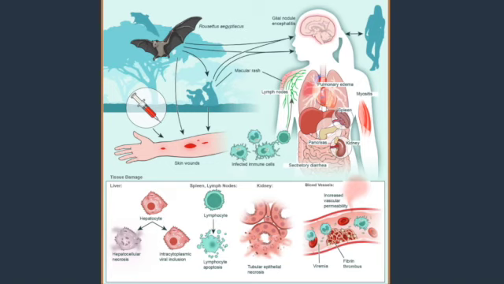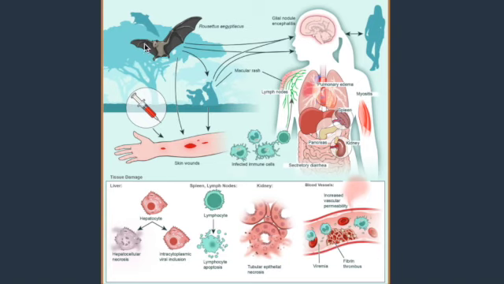So here's a picture kind of summarizing everything that we've talked about. Down here we have the cells and the virus infecting the liver, spleen, lymph nodes, kidney, blood vessels, and how that reacts to different areas.